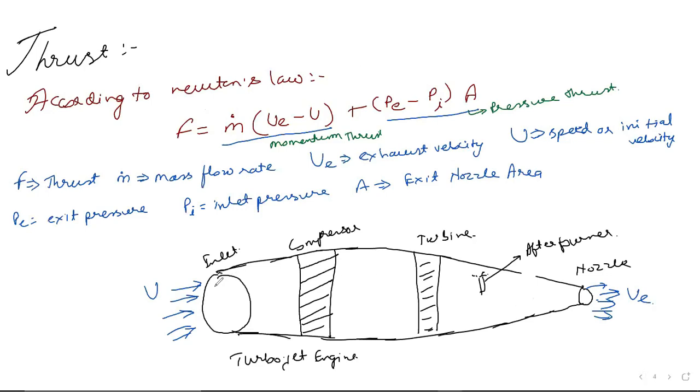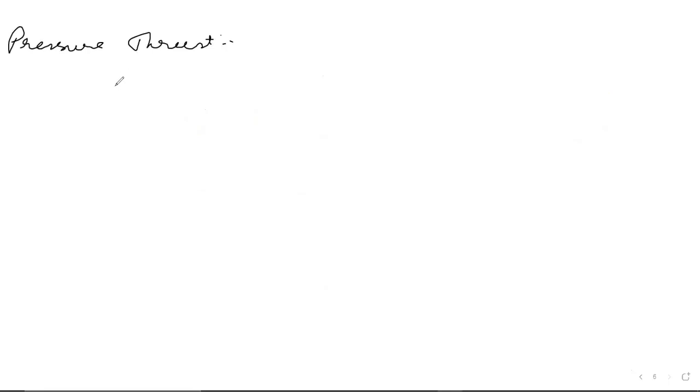Now if you see pressure thrust: actually momentum thrust is about 90% and pressure thrust is only about 10% in the same aircraft. Here PI is the inlet pressure, PE is the exit pressure, and AE is the exit nozzle area. We all know that pressure equals force upon area, so force equals pressure into area.